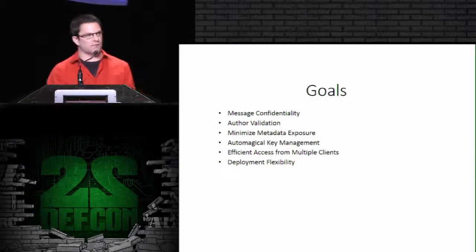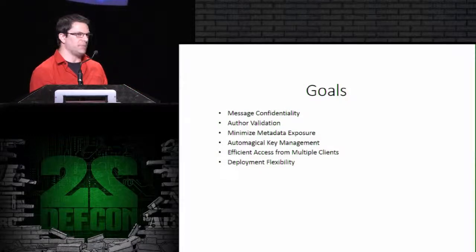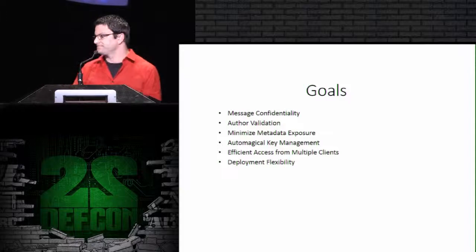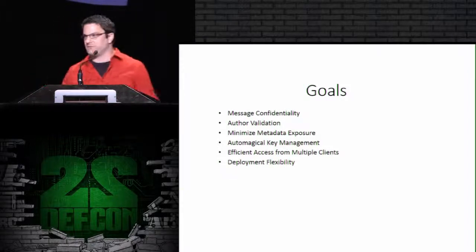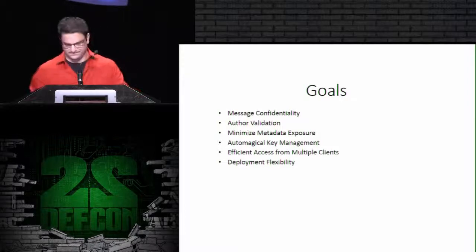Last time I checked, there were about 3 billion email users on this planet. It's the reason I got into the business. I knew I'd never have a shortage of potential customers. But doing that while also minimizing the leakage of metadata is incredibly difficult.